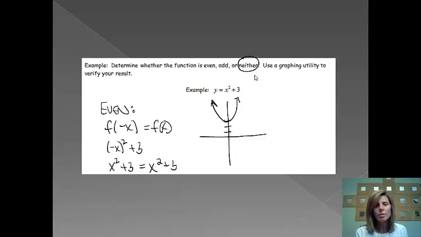We will come into some cases where we will get neither. As an example, if I had something like y equals x squared plus x minus 2, we'll have a function that looks like that.